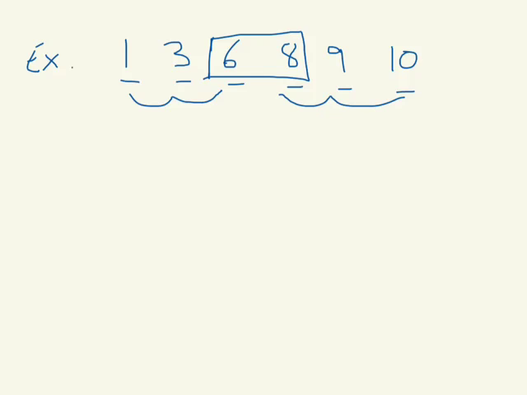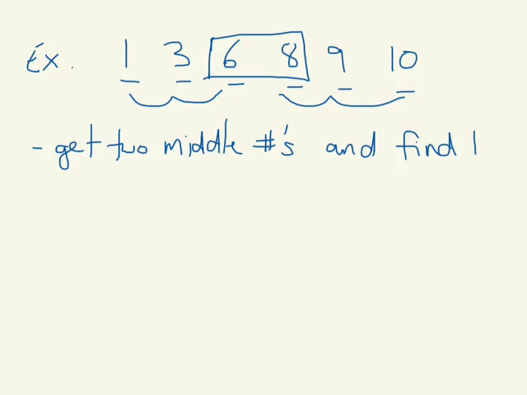So the way that you'd find a median number, if it was an even number of numbers, was count in and get the two middle numbers, and find the mean between them.